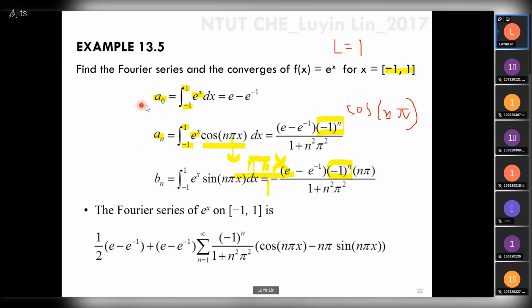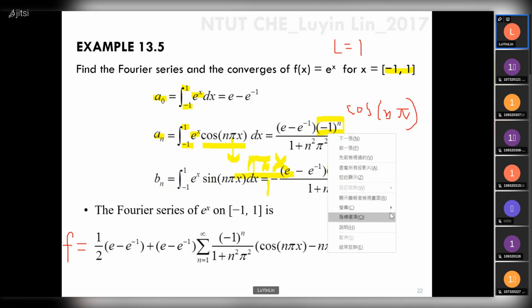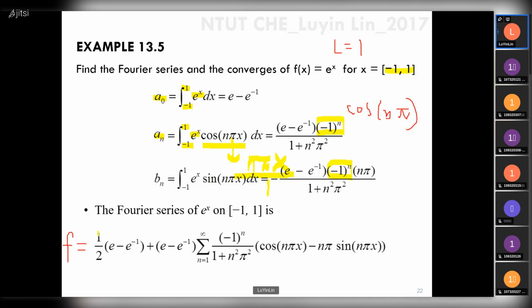So use these three coefficients, and you get this Fourier series. Remember to write f is equal to this, and remember the 1/2 here.